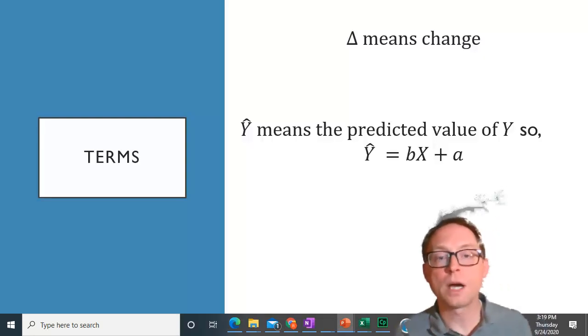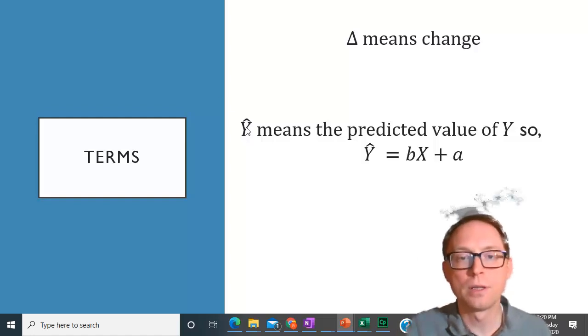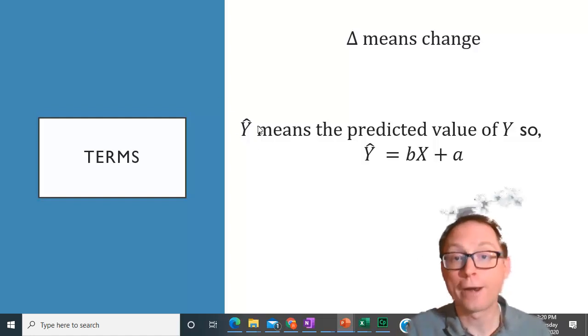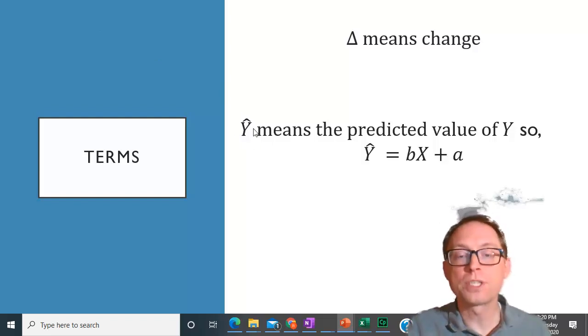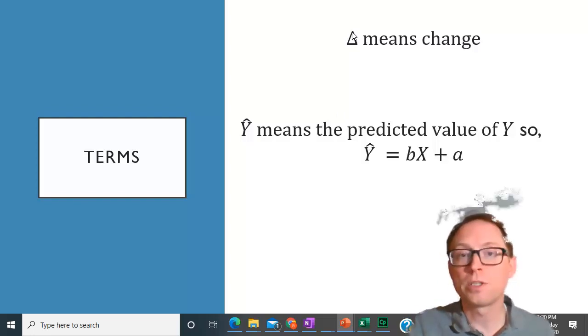Now we're talking about y hat. So do you see this y right here with a hat on it? We actually call that y hat, right? What we're looking for is, instead of the actual value of y, we're looking for the predicted value of y. So another thing you should know is that delta means change. When somebody talks about the delta of something happening, it means how much is changing, right?